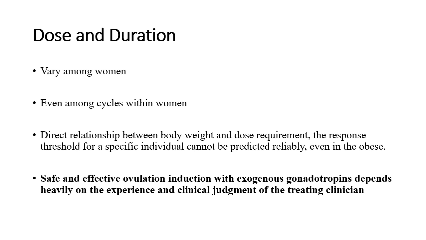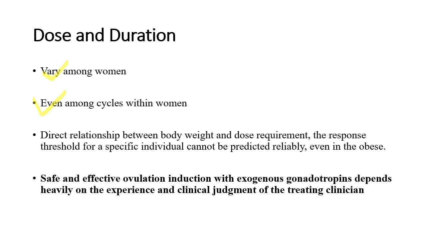Let's discuss the dose and duration of gonadotropin used. It will vary among women: some patients will require a low dose and some will require a higher dose of gonadotropin, and it also varies among cycles. In some cycles the patient responds to a low dose, in another cycle of the same patient they respond to a higher dose.